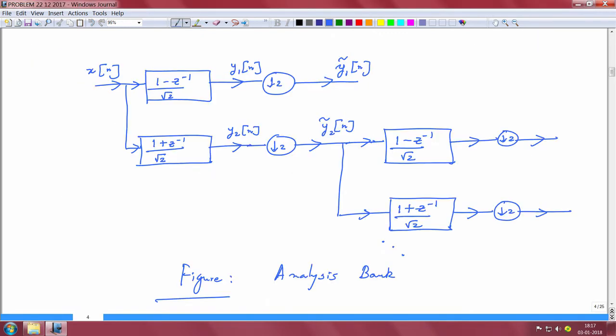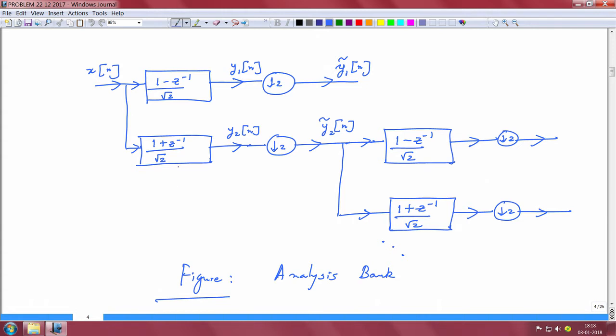correct. So, we take a signal x of n, and we filter it through a low pass filter, which is 1 plus a delay upon root 2. This is to ensure that the energy is normalized to unity.